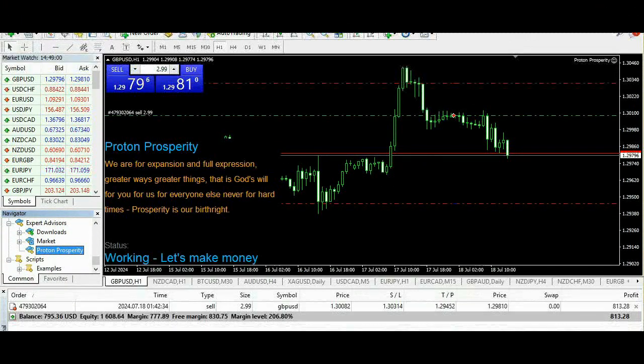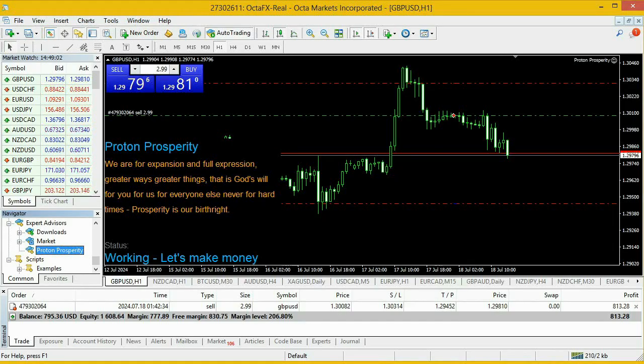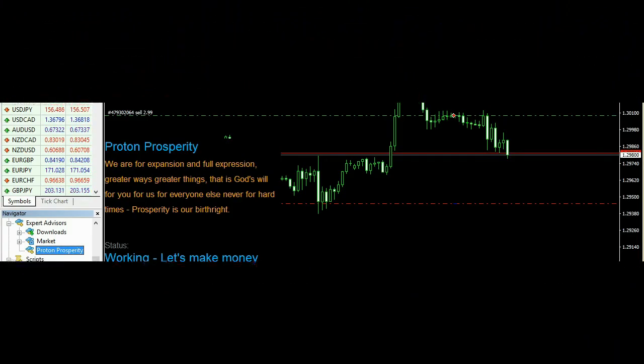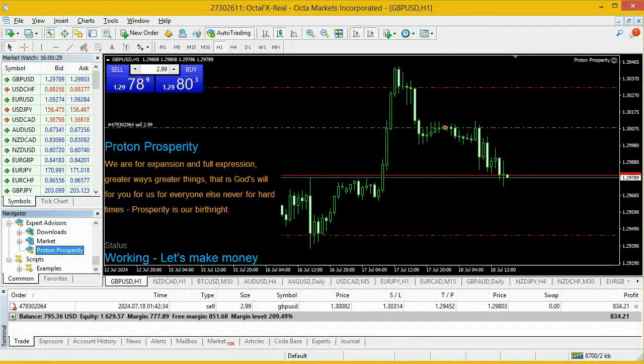This is where we are, around 13 hours later. Almost 15 hours into the trade, we are halfway to our profit target.